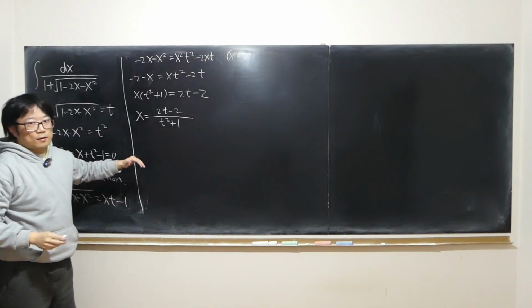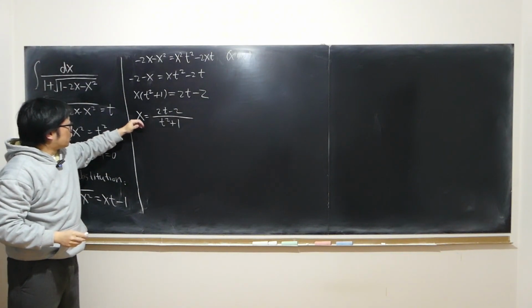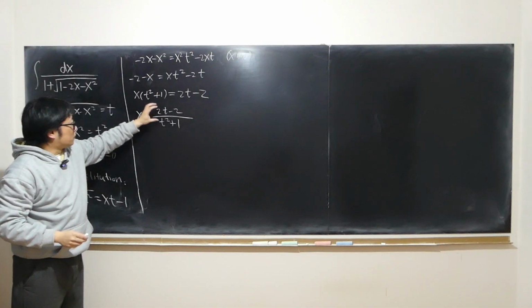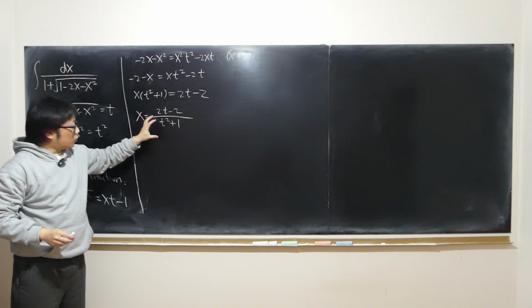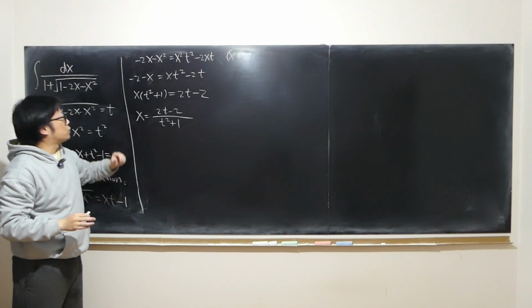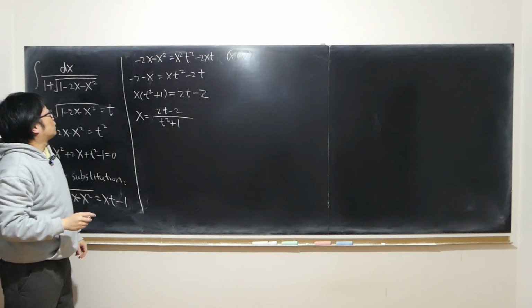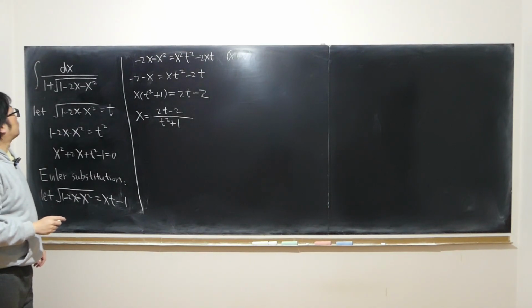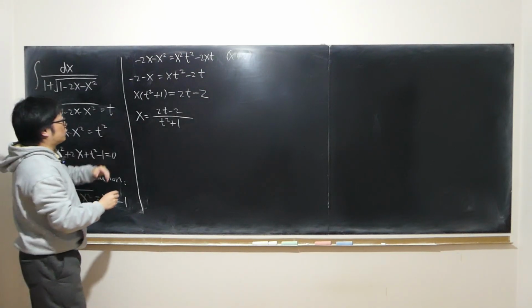So we successfully expressed x in terms of not a polynomial but a rational fraction in terms of t. But that's already good enough. Even though it's not a polynomial, a rational fraction is good enough. Also, what's dx this time? We have to work out dx.